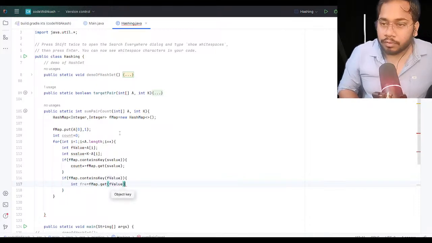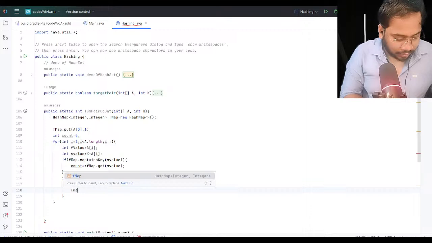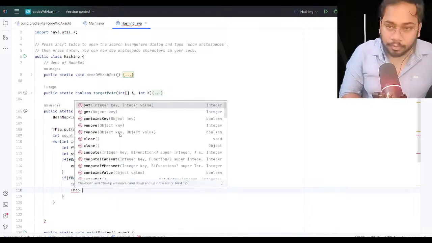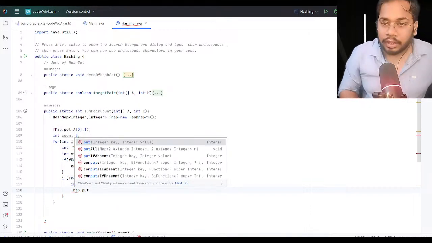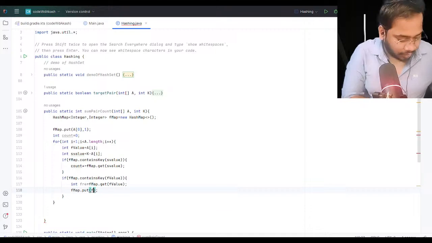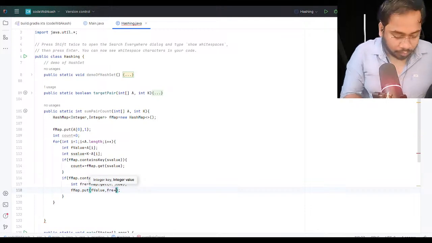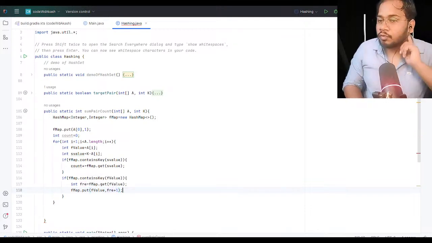After that, again in the fmap, we put it with one incremented frequency: f value comma frequency plus 1.